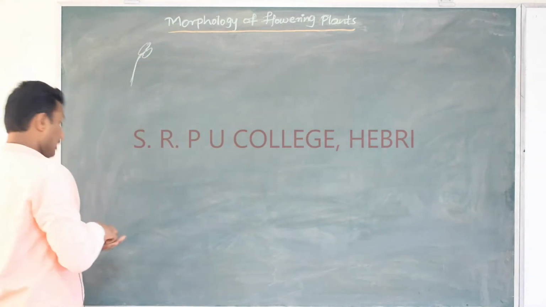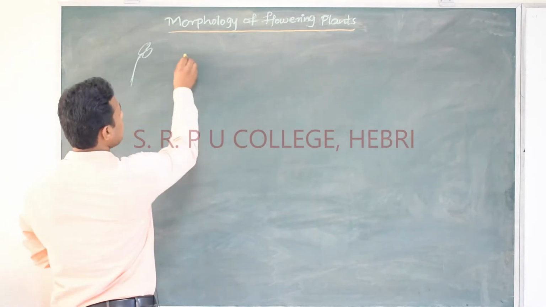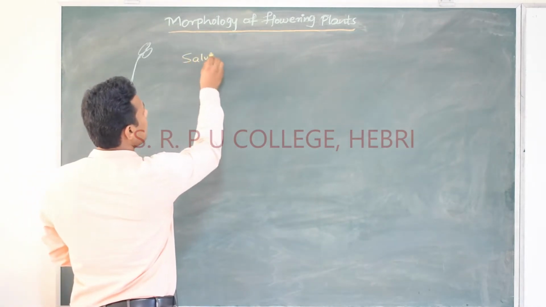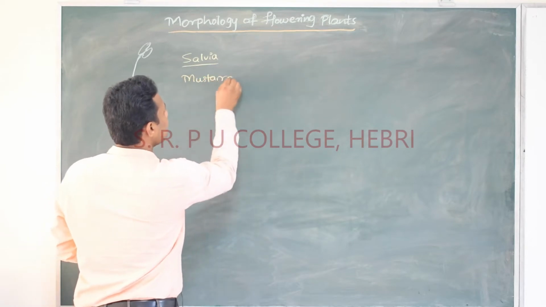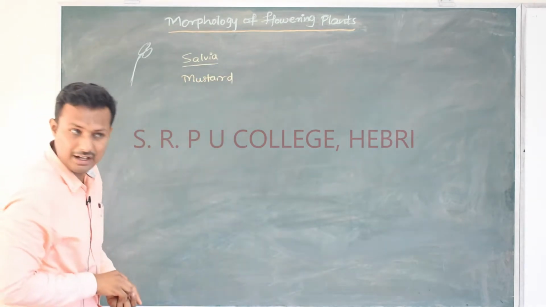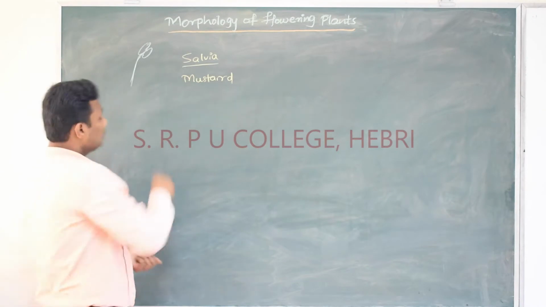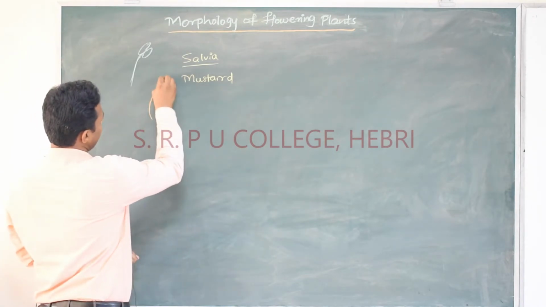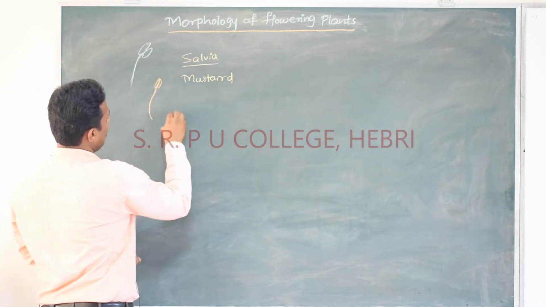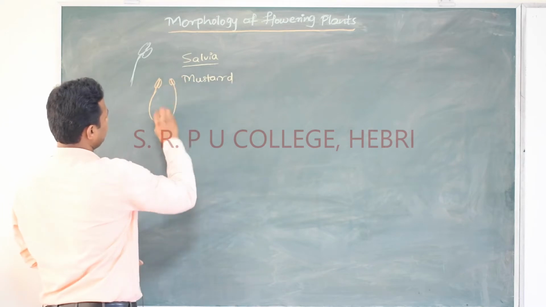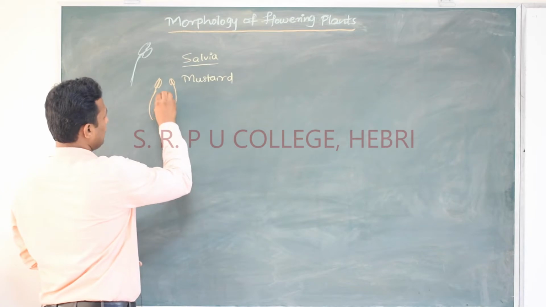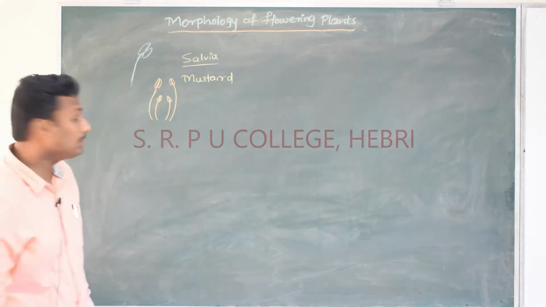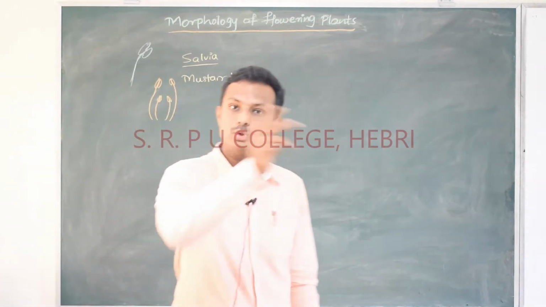For example, there are two examples, salvia is one and the other one is mustard. In these flowers you will find stamens of different length. So one may be long, or two may be long and two may be small, or sometimes four may be long and two may be small.